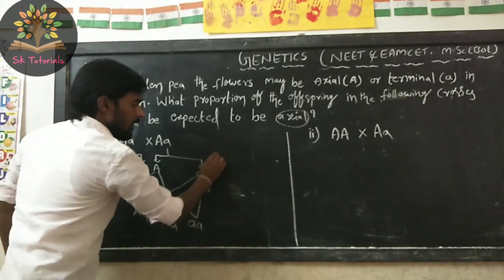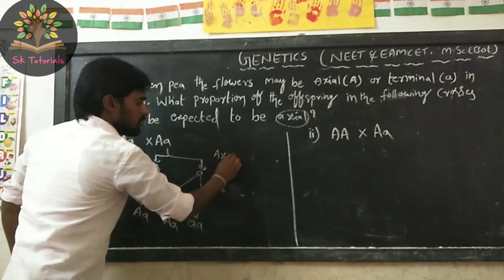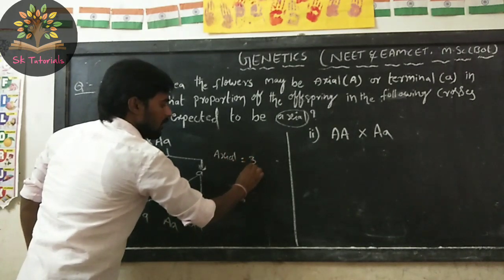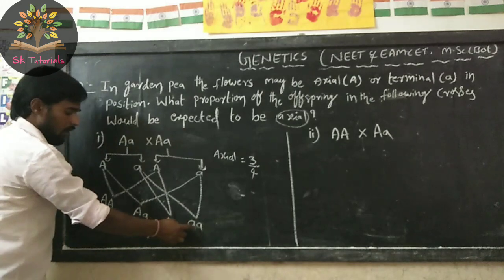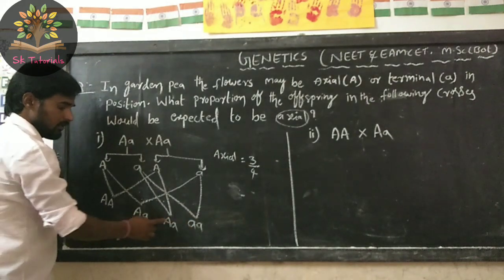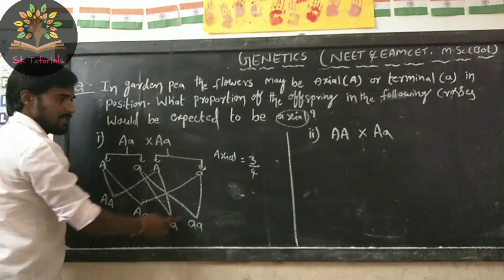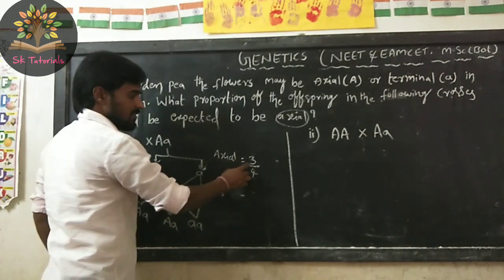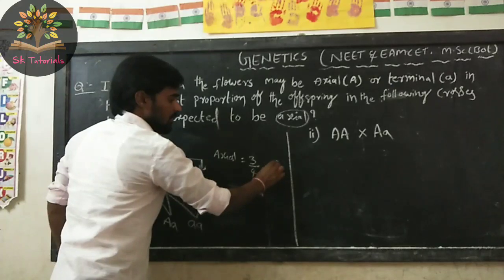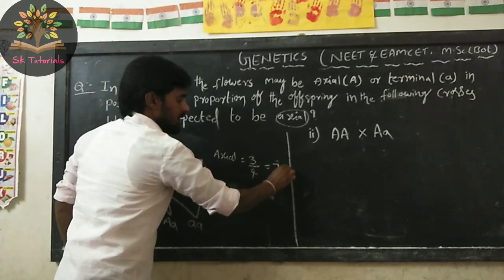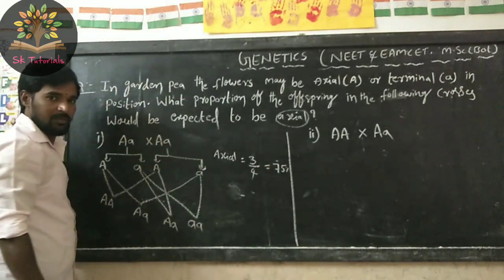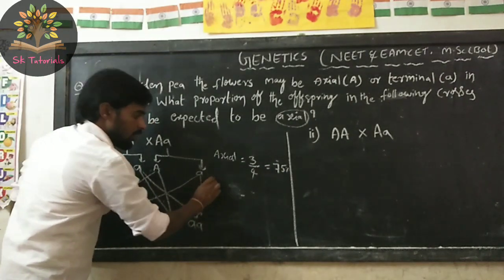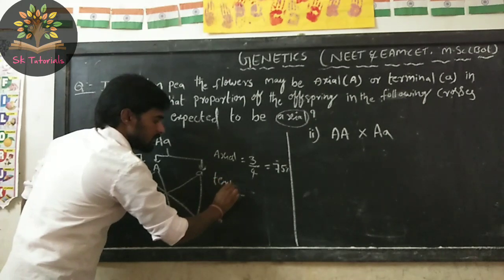Here, the axial proportion is equal to 3/4. Out of 4, 3 of the plants are axial. Then axial is equal to 3/4, that is equal to 75%. What is the terminal proportion?